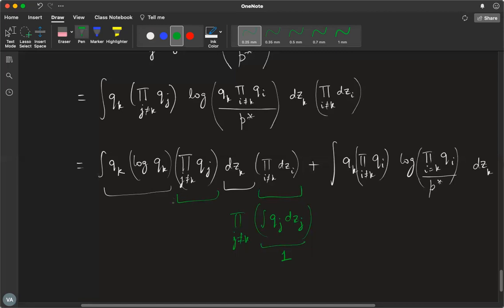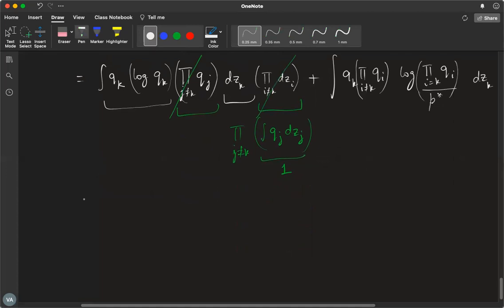So all these terms become 1. So these terms vanish from our equation, and we get simply integration of qk, right, log qk times dzk, right? This term is simply this.